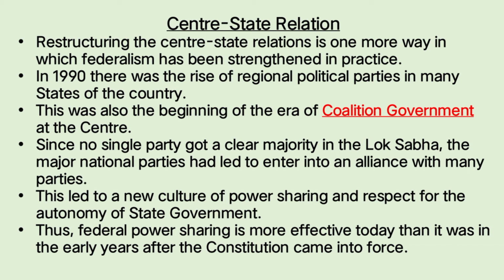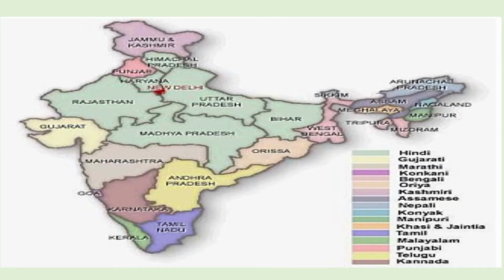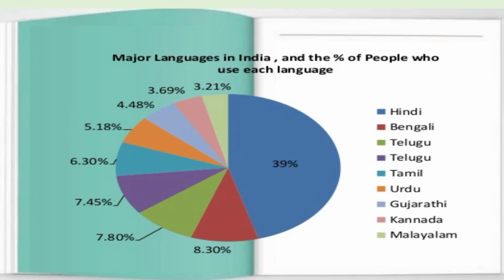There can be a different government at the center and a different government at the state. Still there is no bias, no influence of the central government on the state, and both are making laws. Here we see the map showing different states formed on the basis of language.